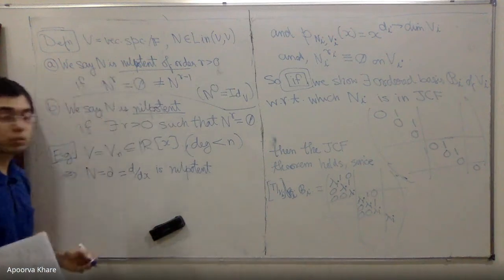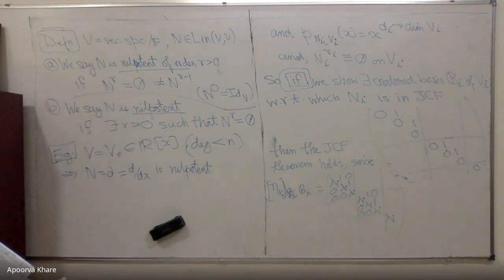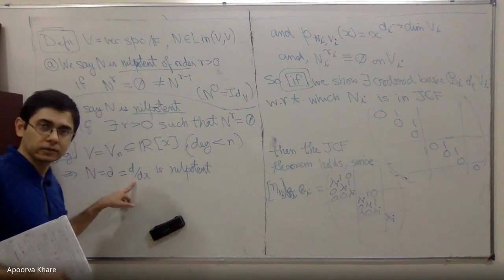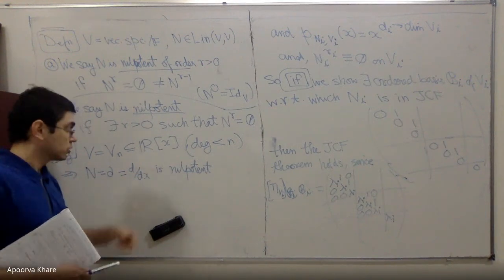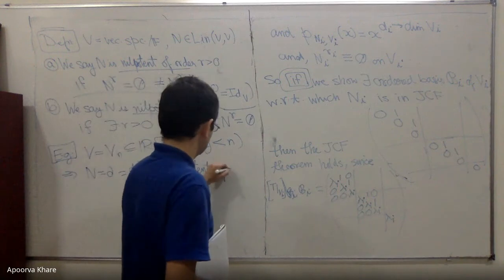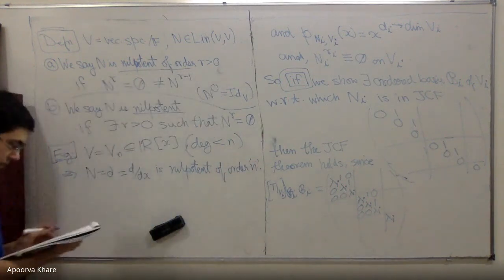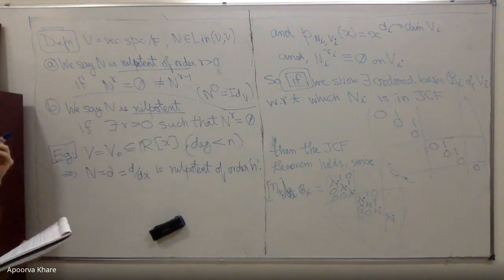And I can even tell you to what order. If you take x to the n minus 1, then applying the derivative n minus 1 times does not kill it. You get n minus 1 factorial. So it's nilpotent of order n. Okay, that's the example.